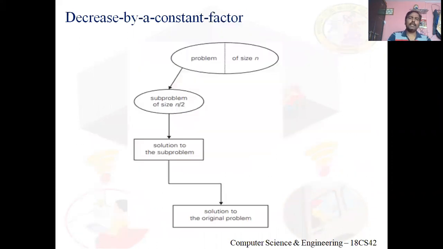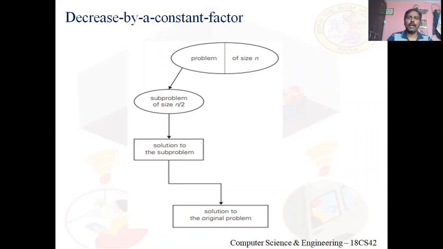Now, decrease by constant factor. The better example is binary search. Just now I explained binary search, right? When I started this session, it was to give the difference between decrease and conquer strategy and divide and conquer strategy.